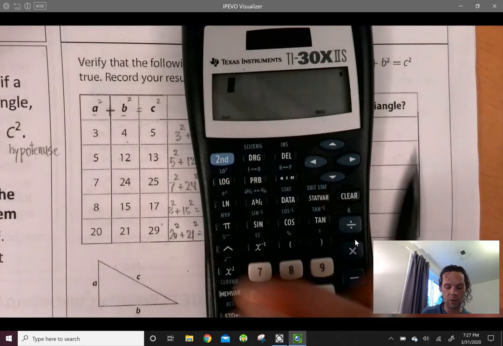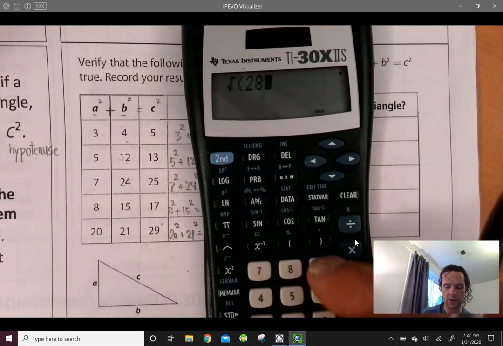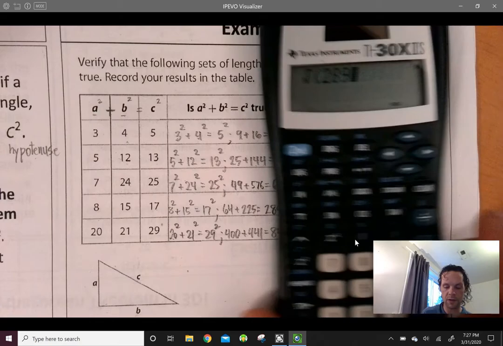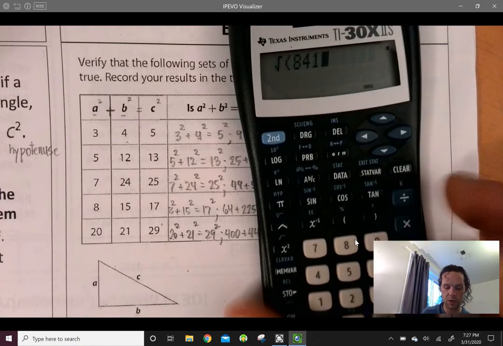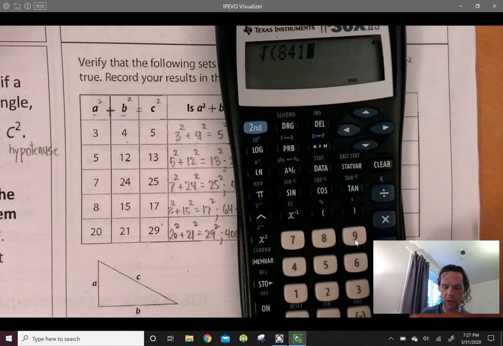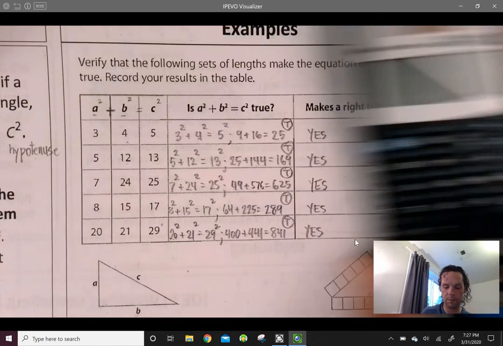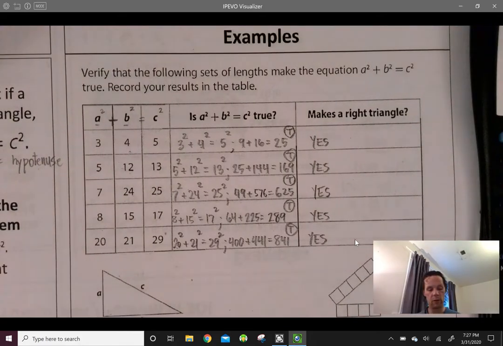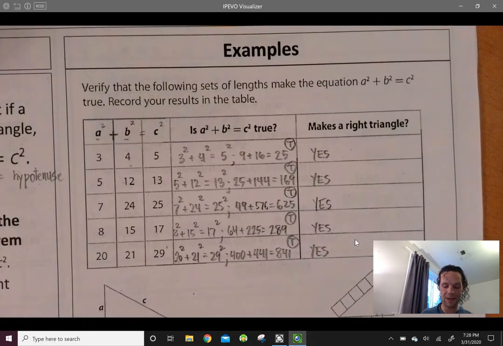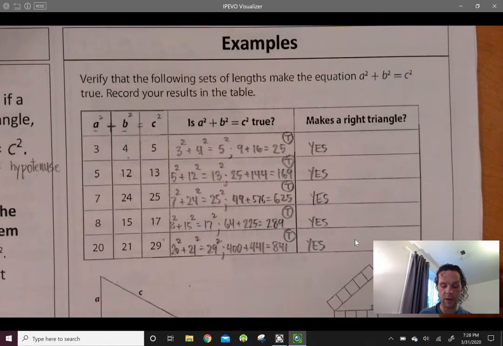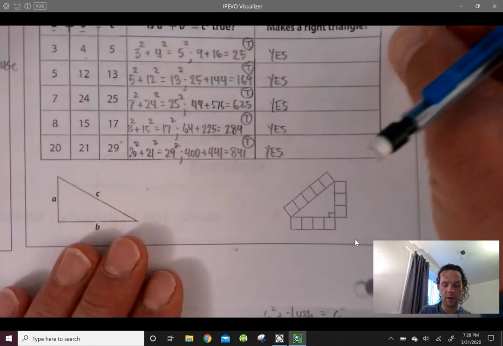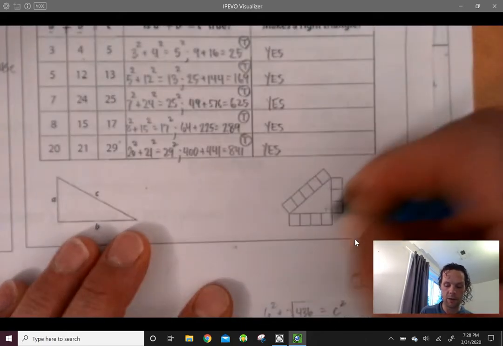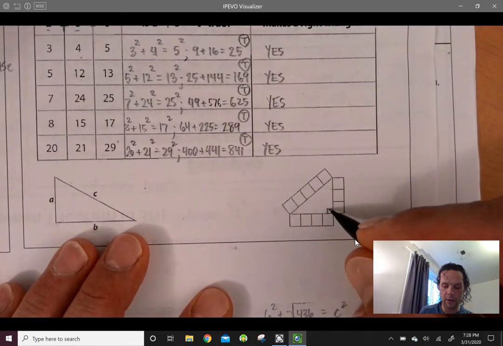And squaring and finding square roots are just inverse operations. That's 841. We should get 29 here. There we go. Right. 29 squared is 841, and the square root of 841 is 29. Yes, that is a right triangle. And these little diagrams down here at the bottom are really helpful in understanding that whole thing, right? Your right angle is right here.